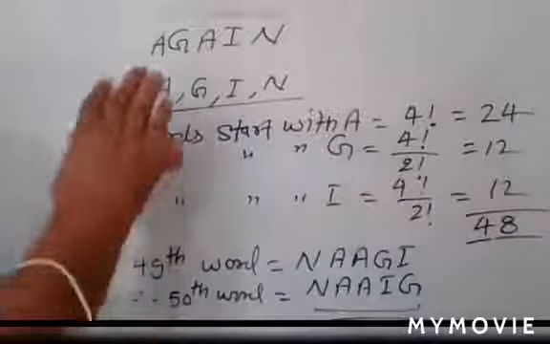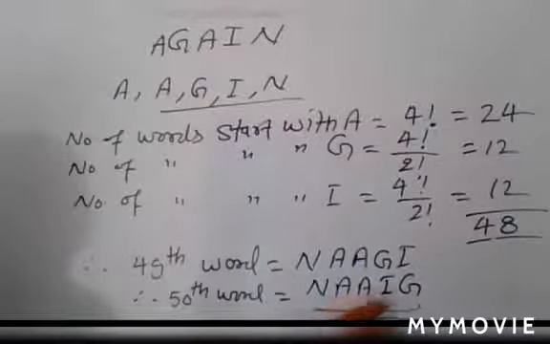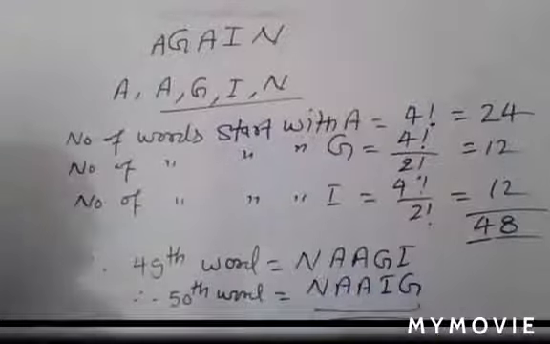If the words are arranged just like a dictionary, your 50th word is N-A-A-I-G. Getting everyone? Yes, sir. Note it. In the same way, write the next question.